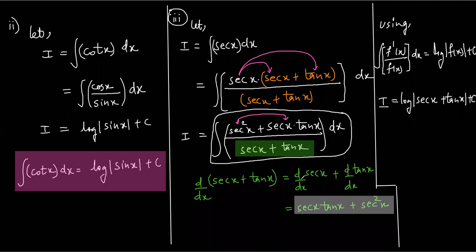So finally, you write, what was I? I was integral sec x dx. So integral sec x dx is equal to log of mod of sec x plus tan x plus c. This is the final one.